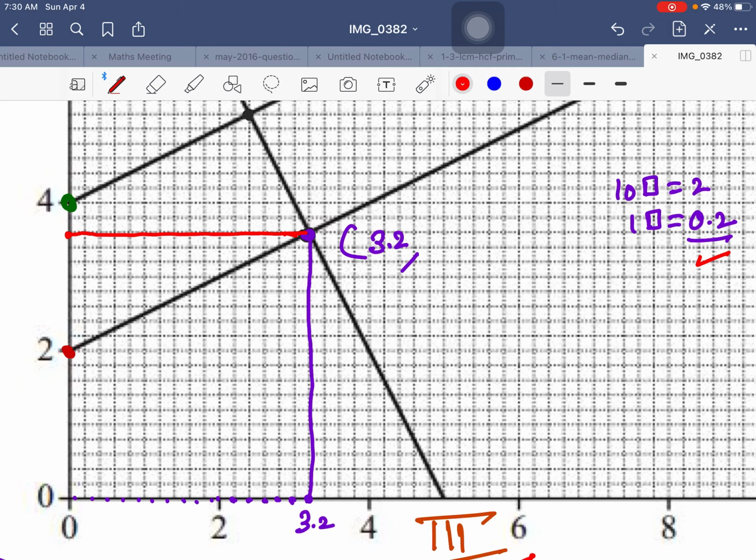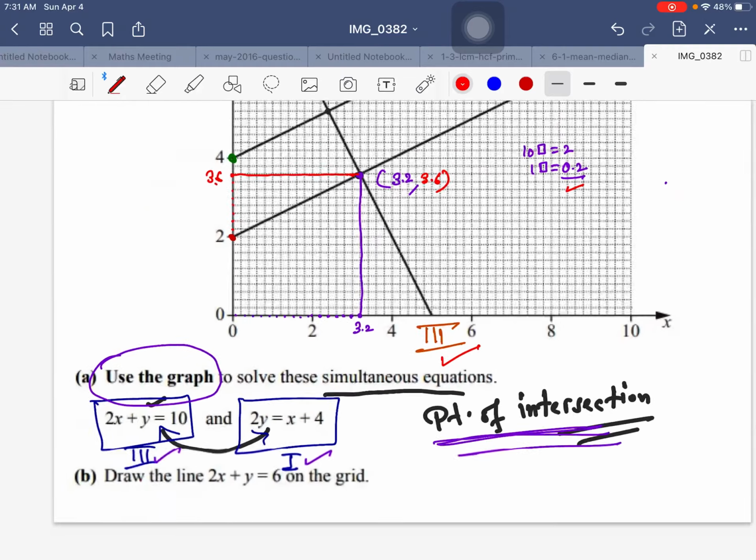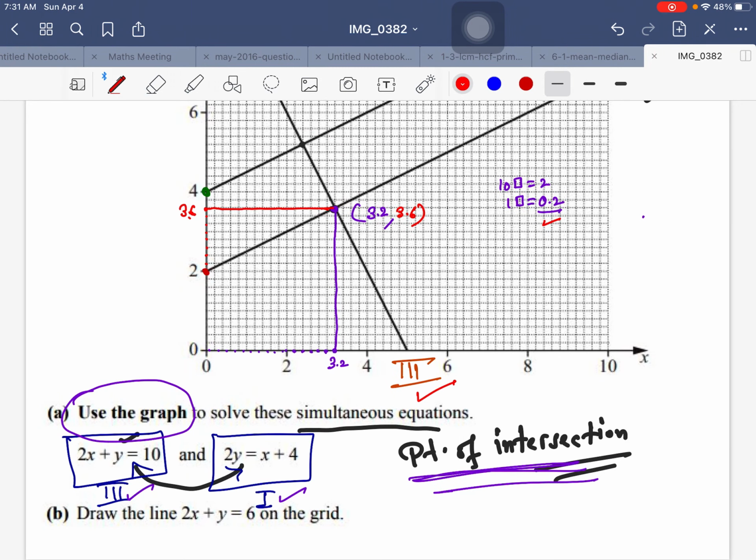This is 2, 2.2, 2.4, 2.6, 2.8, 3.0, 3.2, 3.4, 3.6. So this is 3.6. I write here 3.6, 3.8 and 4. So this y value is basically 3.6.